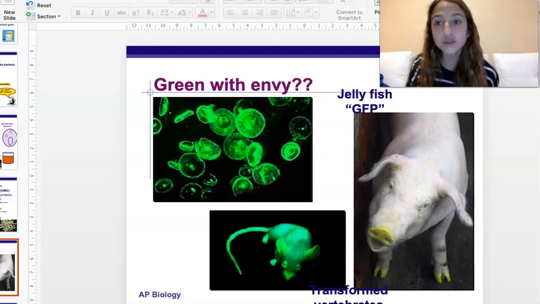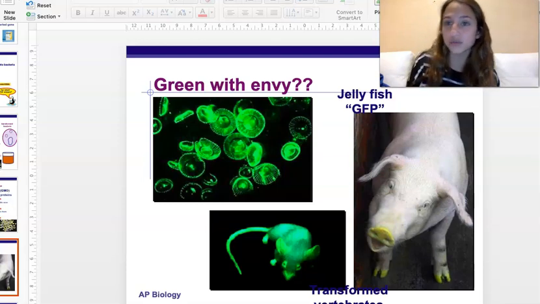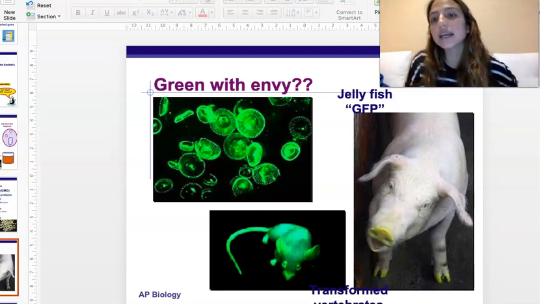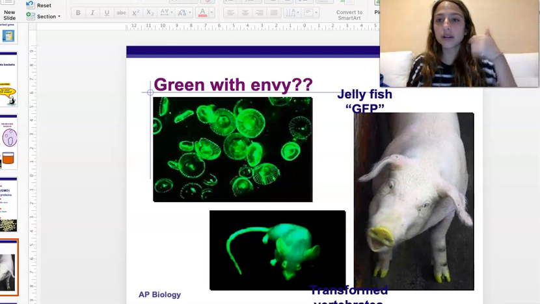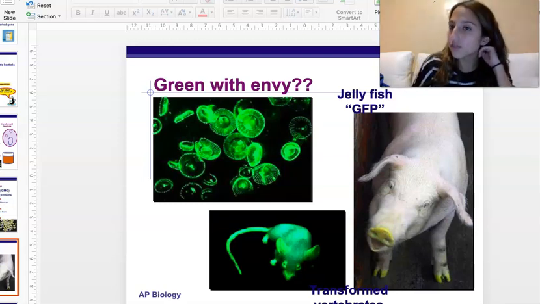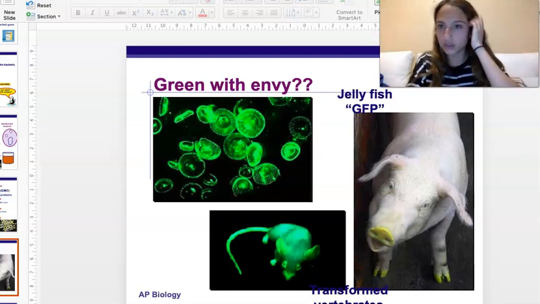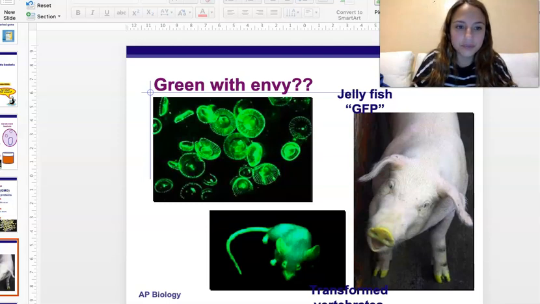And that's also how you can get these glowing fish. I don't know if you've heard about them, but they're genetically modified organisms. The fish doesn't actually have naturally the ability to bioluminesce, but the eggs of the fish are injected with this gene, and the fish inserts the gene into its own chromosome, and in that way has the ability to bioluminesce.